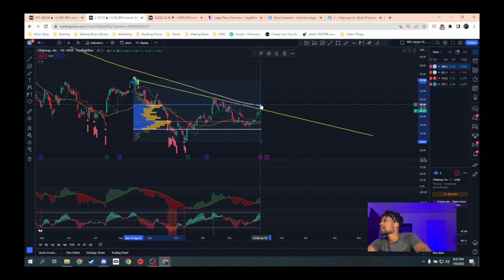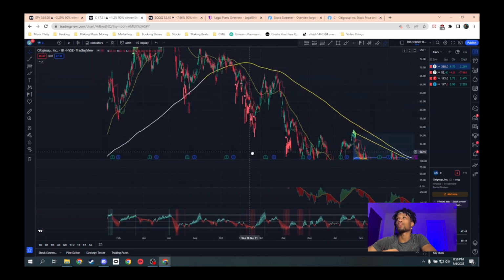So at 48.80, that's a high value area. You're looking to either sell off from that area, or you're gonna break it and come back and retest. In that case, we'll be above the 200 moving average, meaning it's more than likely gonna be looking for an upward move, because we've been on a downtrend for a minute.